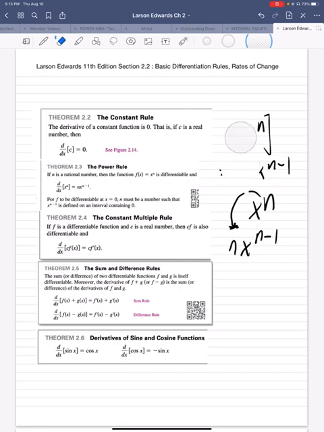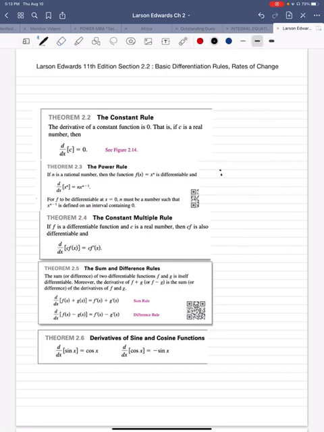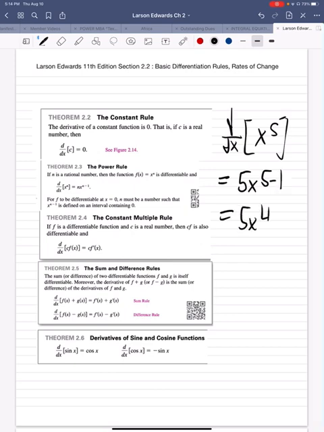Again, how does that look? Let's do one without a coefficient. d/dx of x to the 5th. That would be equal to, you bring the n in front, 5x to the n minus 1, which is 5x to the 4th.